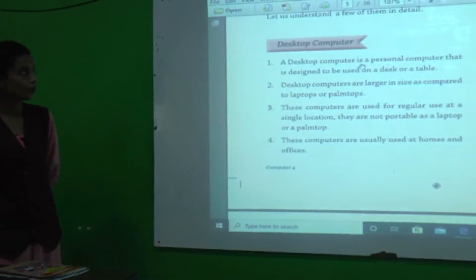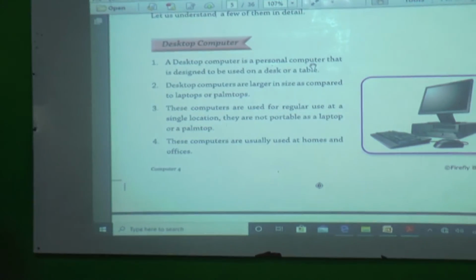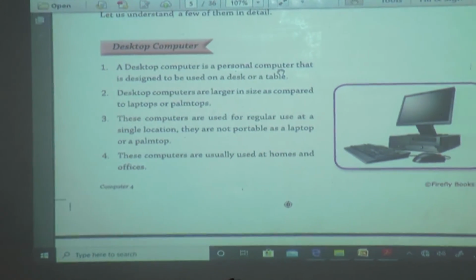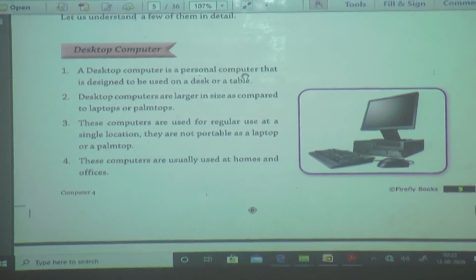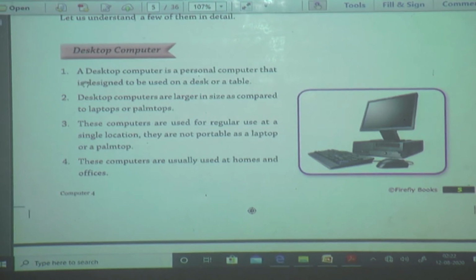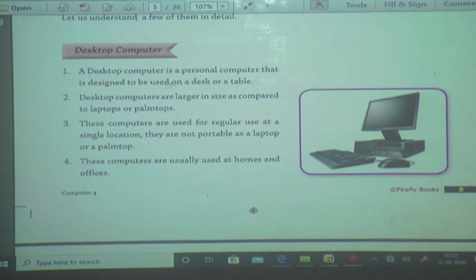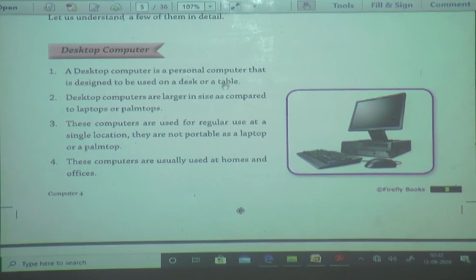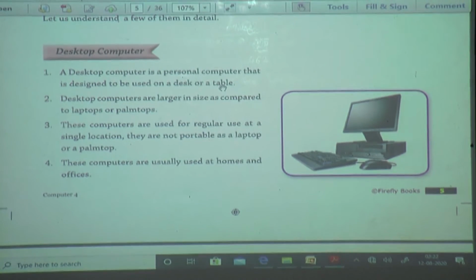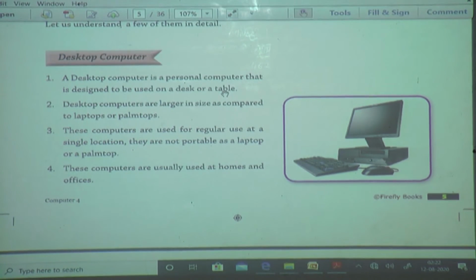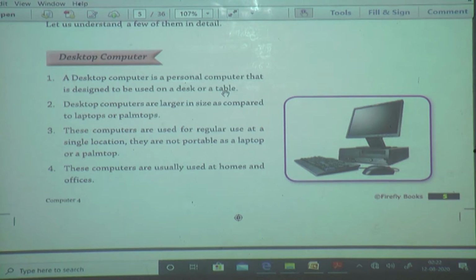A desktop computer is a personal computer that is designed to be used on a desk or a table. Now you saw, the computer is on the table.